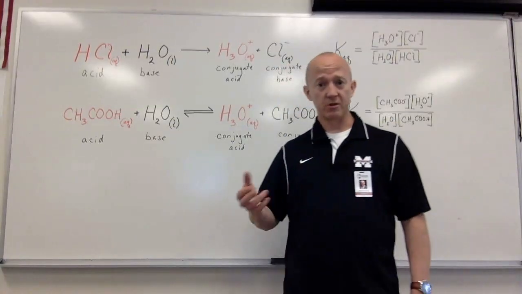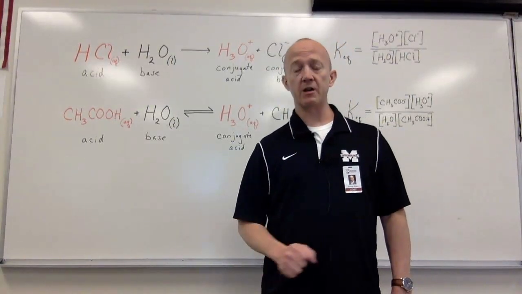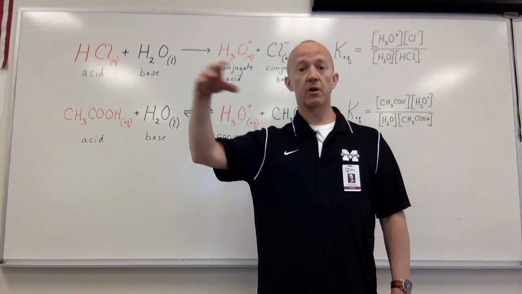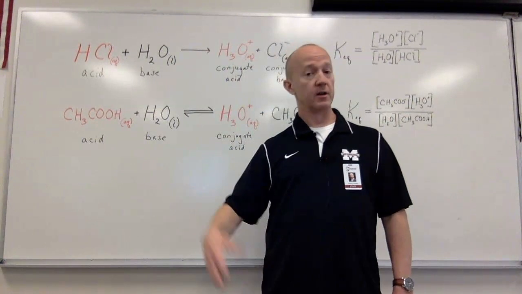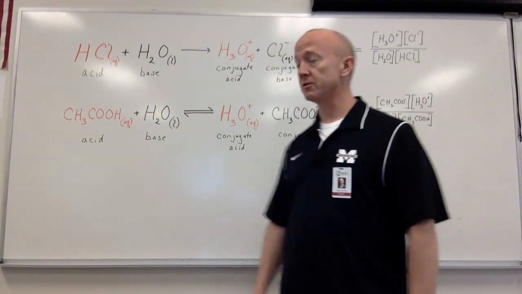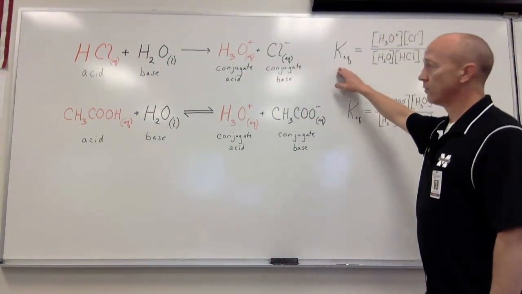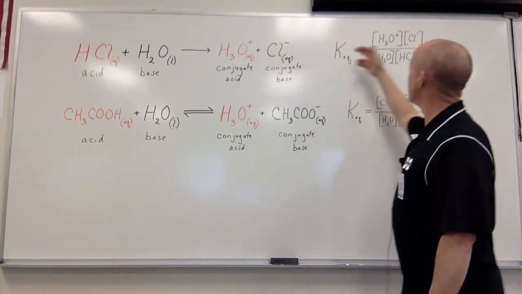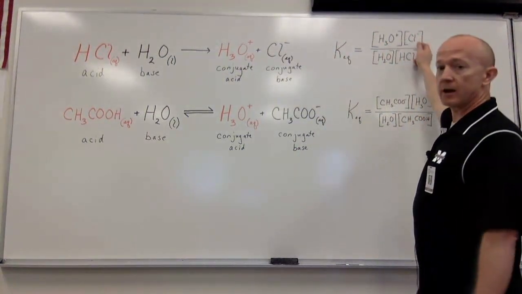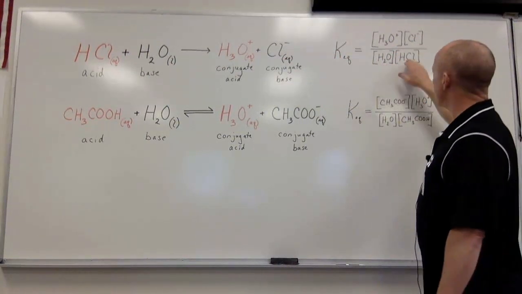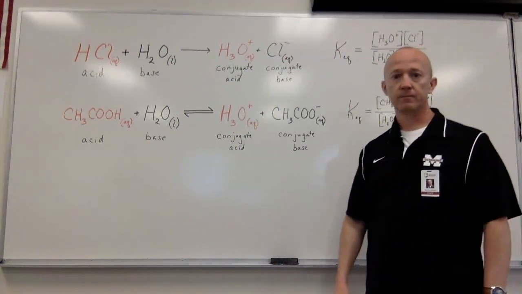So you remember how we solve for K, the equilibrium constant of a reaction? Remember, we take the concentration of the products over the concentration of the reactants. So we do that for these acid-base reactions. Here's the Keq for HCl. Notice we have hydronium ion concentration multiplied by chloride ion concentration divided by the water concentration and the concentration of HCl.